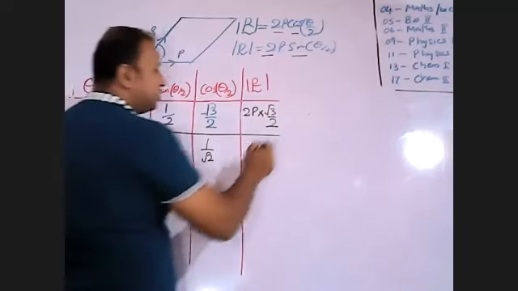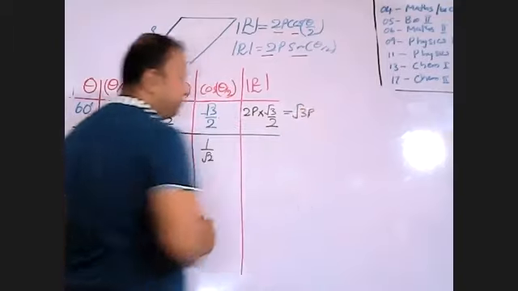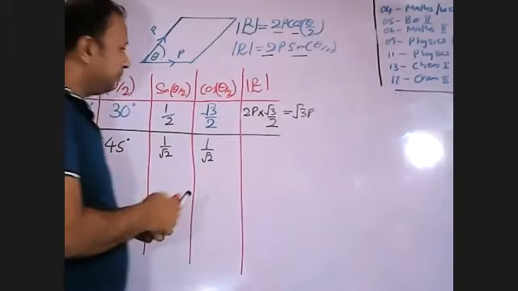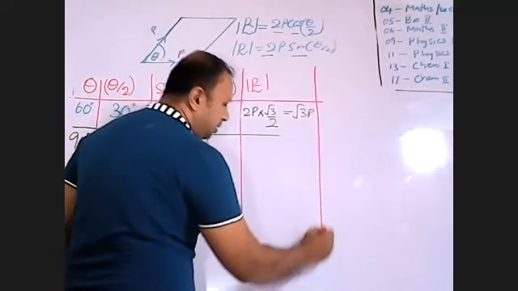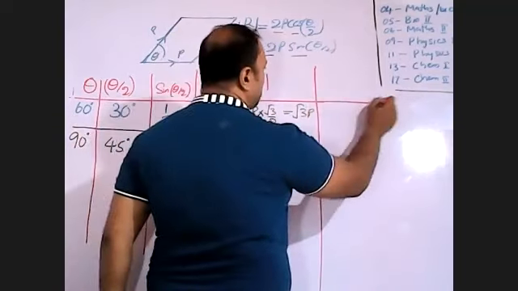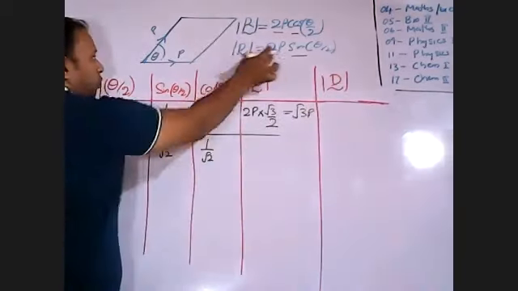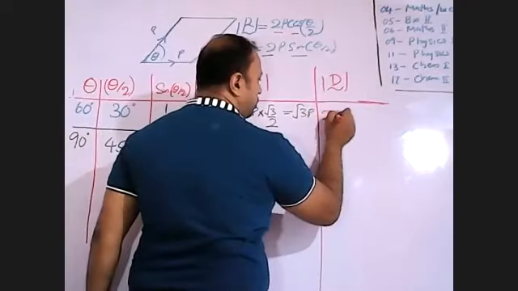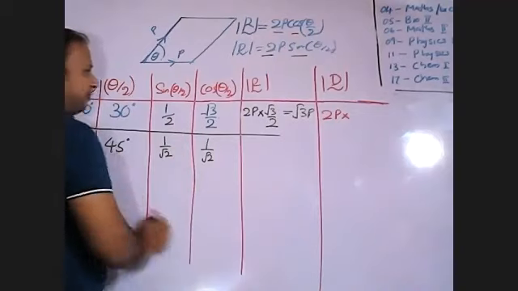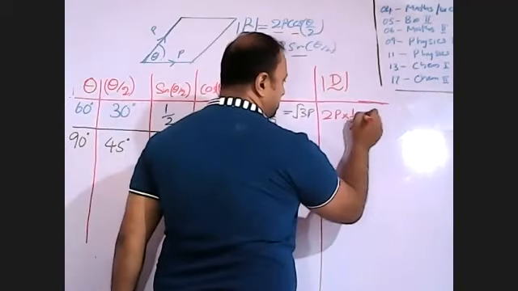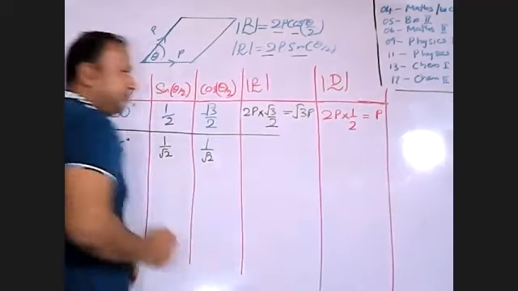Root 3 over 2. So that is C, root 3 P. D is equal to 2P times sin theta over 2. Sin theta over 2 means half. So that is equal to P.